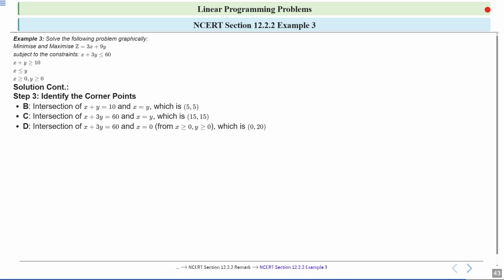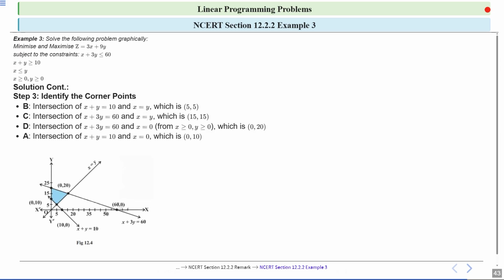And the point D is the intersection of x plus 3y equals 60 and x equals 0, which is (0, 20). And the point A is the intersection of x plus y equals 10 and x equals 0, which is (0, 10). And this is our graph of the given equations.